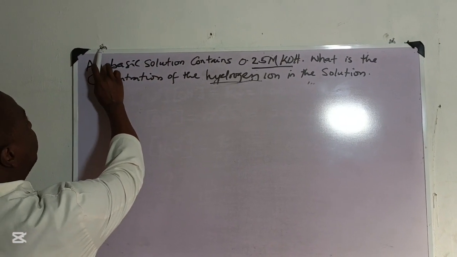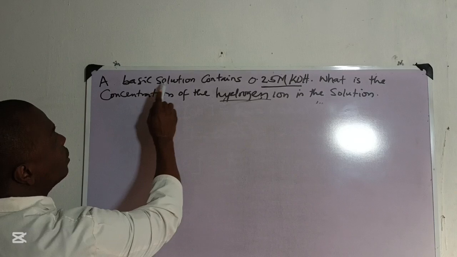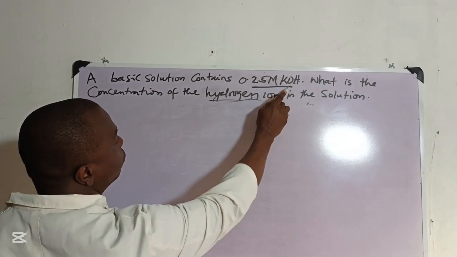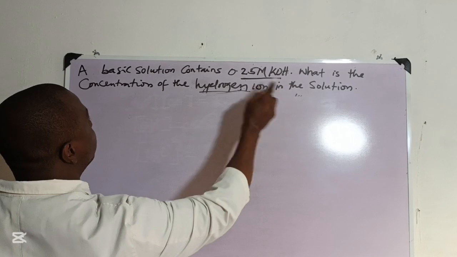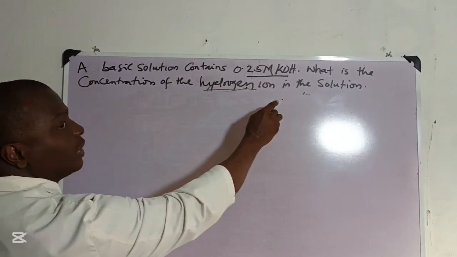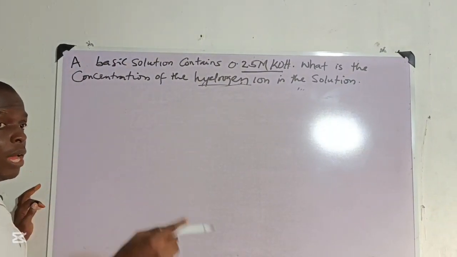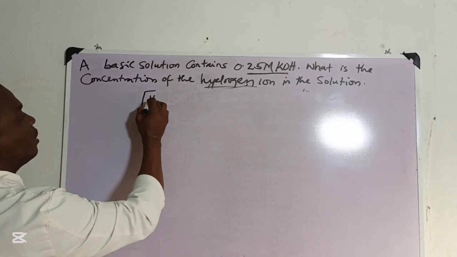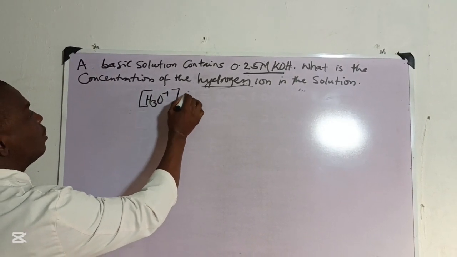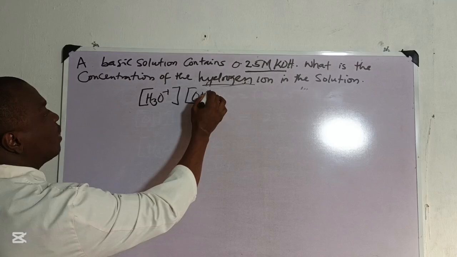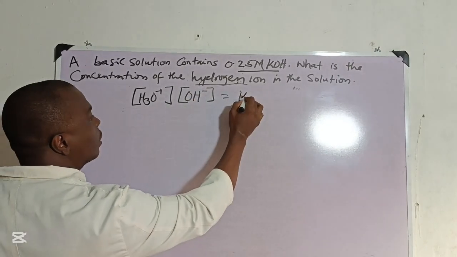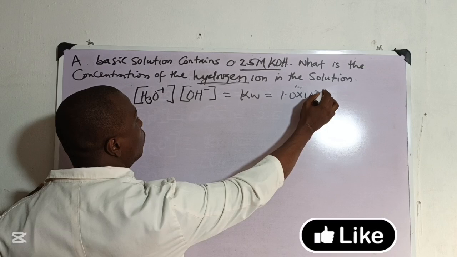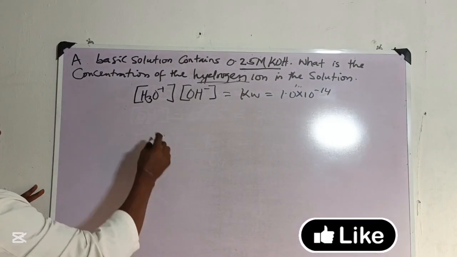The question is, a basic solution contains 0.25 moles of KOH. What is the concentration of the hydrogen ion in the solution? From the first expression we used, concentration of hydrogen ion multiplied by concentration of hydroxyl ion is equal to Kw, which is equal to 1.0 times 10 raised to power minus 14.